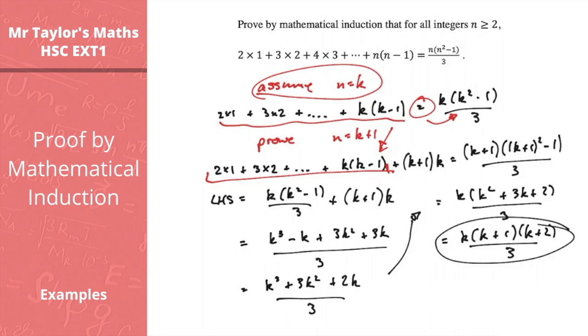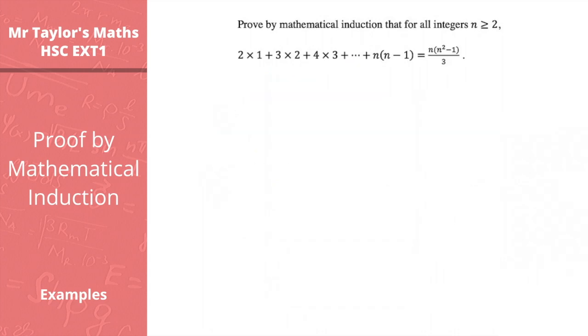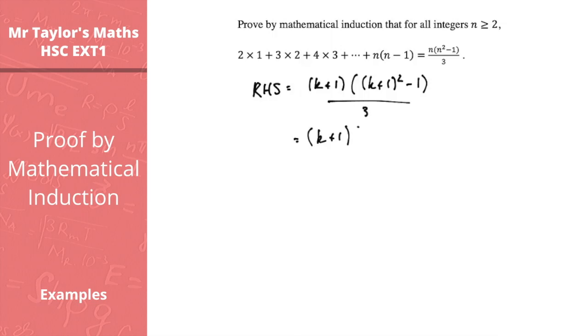So let's clear that. Remember my right hand side was k plus 1 squared minus 1 all over 3. Now that would go to k squared plus 2k plus 1 minus 1 if I just expand that perfect square.